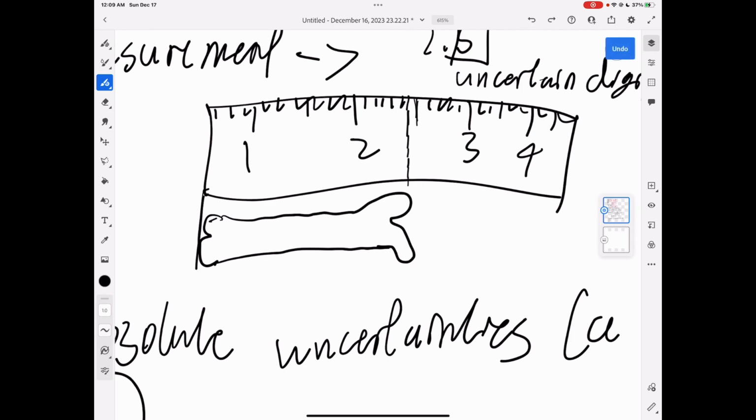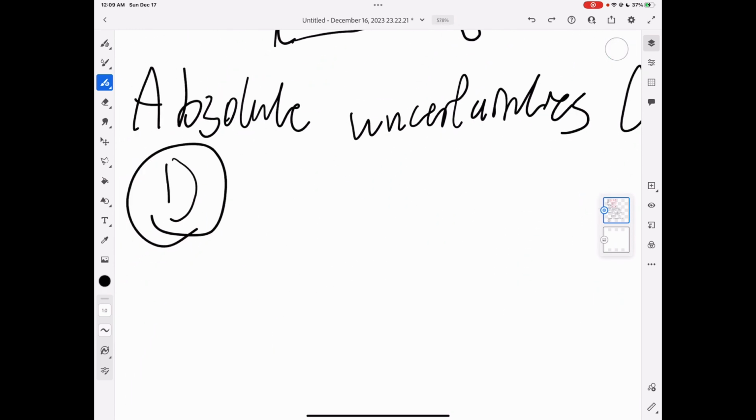So let's say the literature value of something was 12.01, which is maybe around the molar mass of carbon. But let's say in my experiment, I got 12.00. However, the device I used was not very precise.